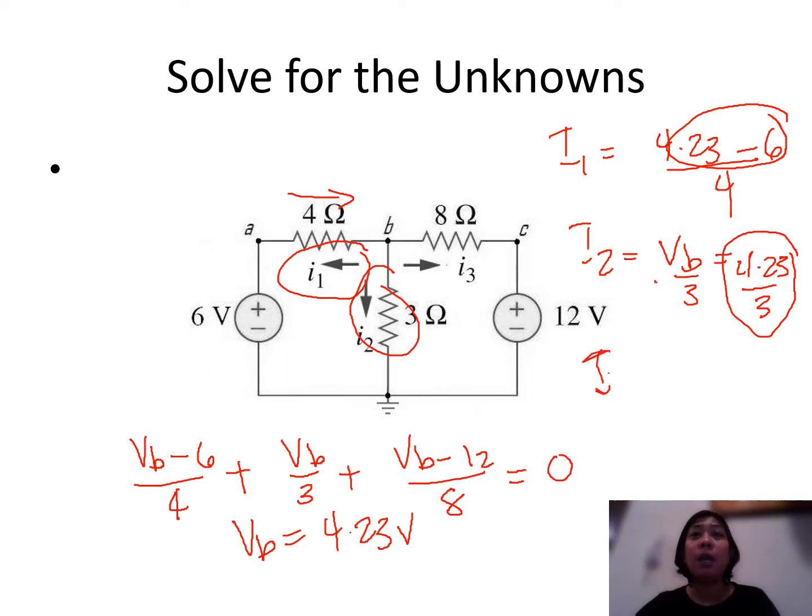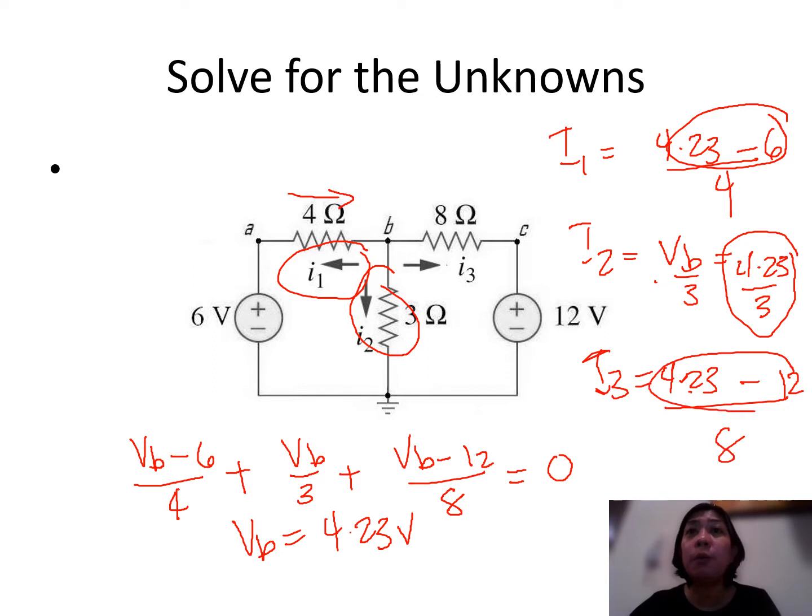And lastly, we can solve for I3, and I3 is VB, which is 4.23 minus 12 all over 8. So obviously, we will be having a negative answer again here.